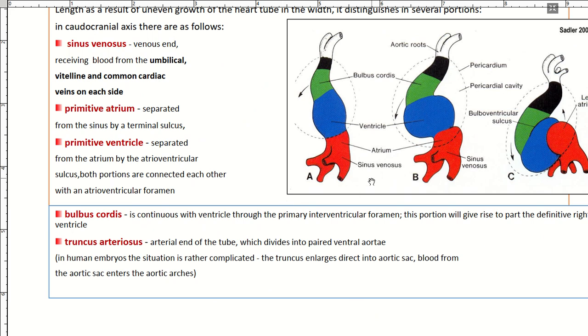The most lateral are going to be your common cardinal veins, then it's followed by the vitelline veins, and then it ends with the umbilical veins. So the umbilical veins are the most medial veins.